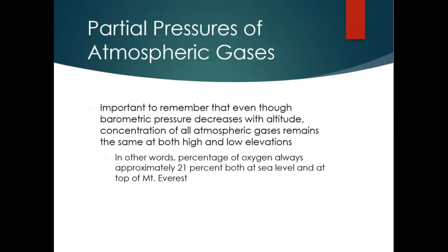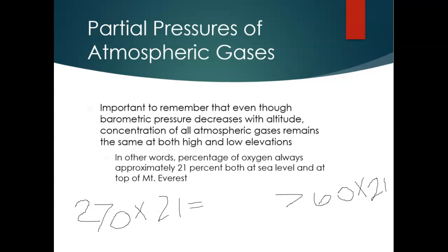So if my barometric pressure is 270 on top of Mount Everest and 760 at sea level, and I multiply each by 0.21 for 21% oxygen concentration, you will see how people climbing mountains can have effects on their oxygenation, not by the change of the oxygen concentration, but just by the change of those pressures.